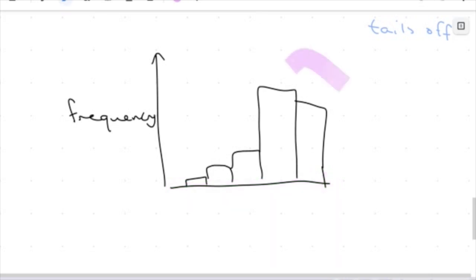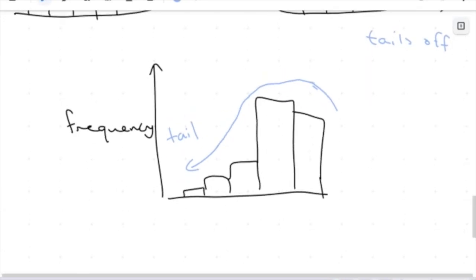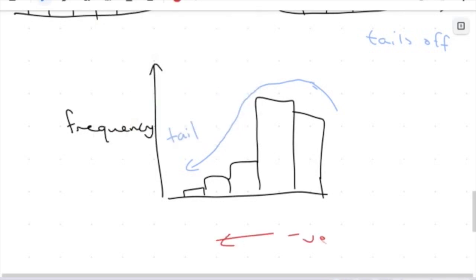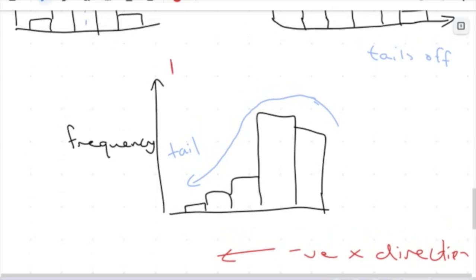So the higher frequency, the most responses are happening over here. And we're tailing off in this particular direction. So my tail goes in the left-hand direction. So if I drew this here to show sort of this curve just sitting on top of all the values, this is something that skews off in the negative x direction. So we call this something that is negatively skewed.